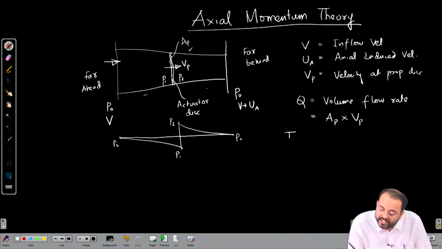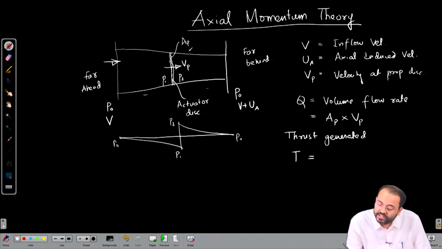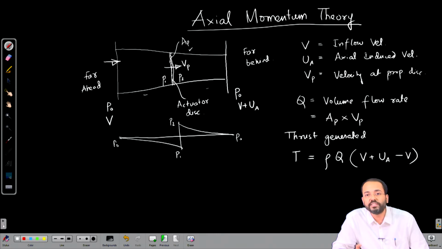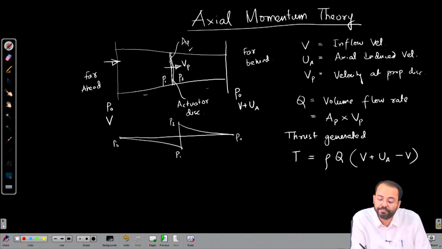So, the thrust T should be rho Q times (V plus UA minus V), where V is the velocity at the inlet and V plus UA is the velocity at the outlet.